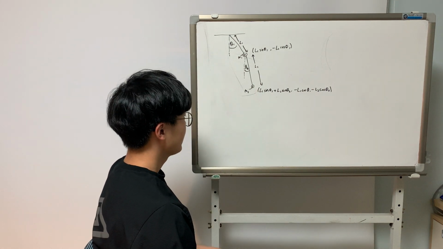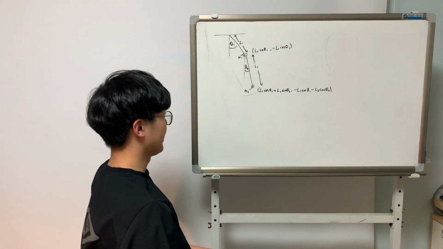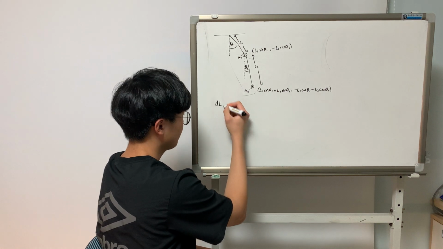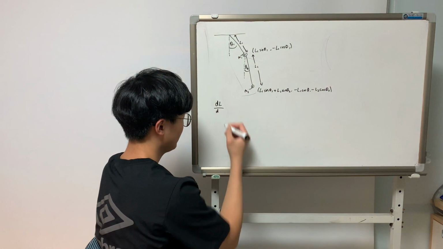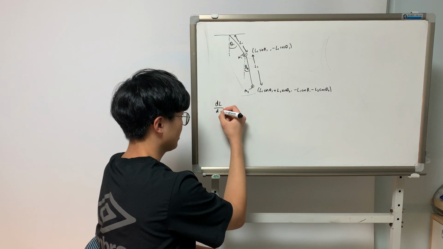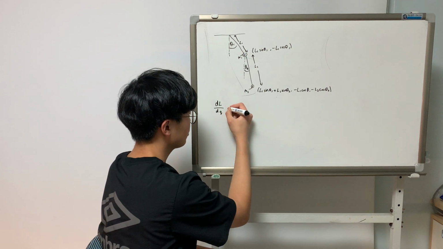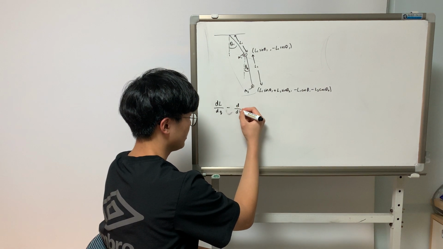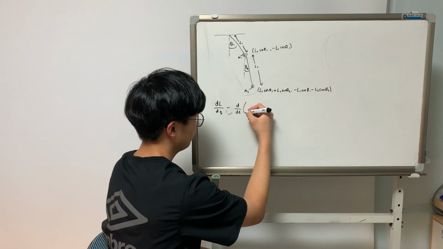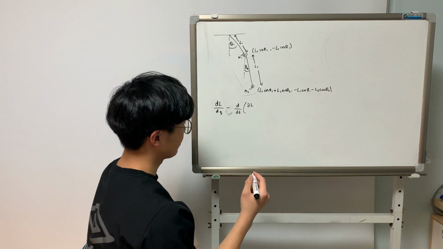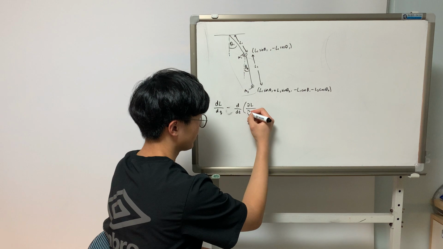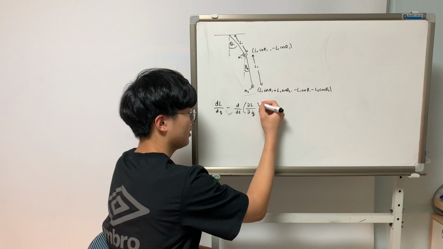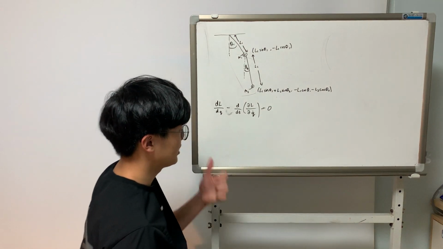First of all, we define the Euler-Lagrange equation as the partial derivative of L with respect to some variable, I'm going to say it's q, minus d over dt of the partial derivative of L with respect to the time derivative of that variable, and we're going to set that equal to 0. That is the Euler-Lagrange equation.